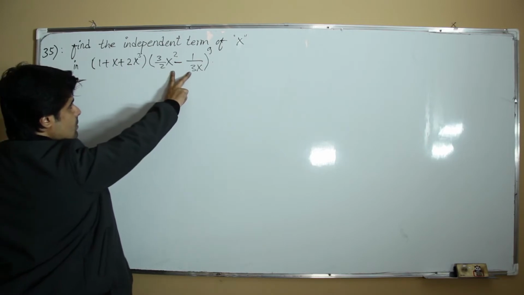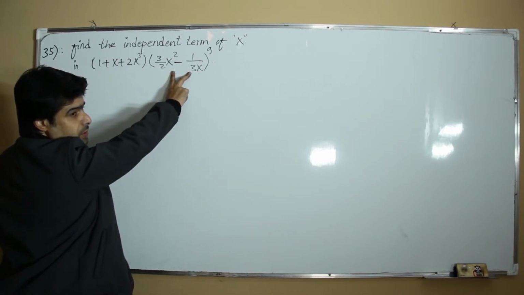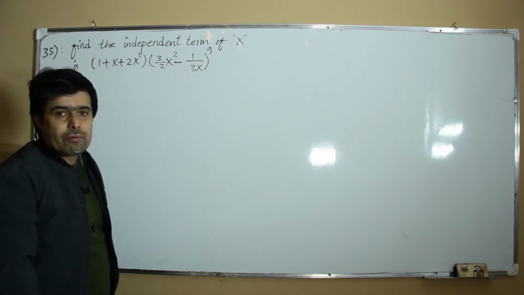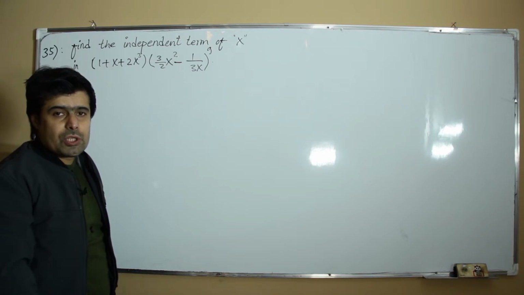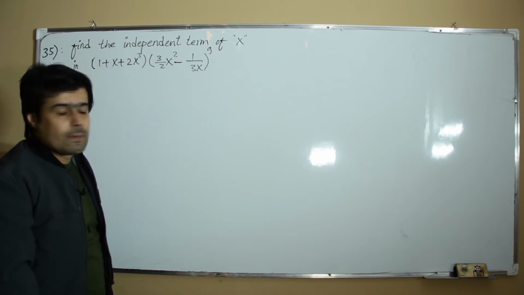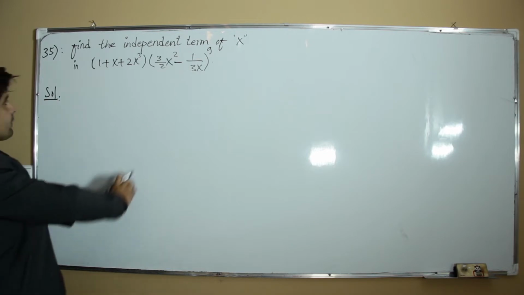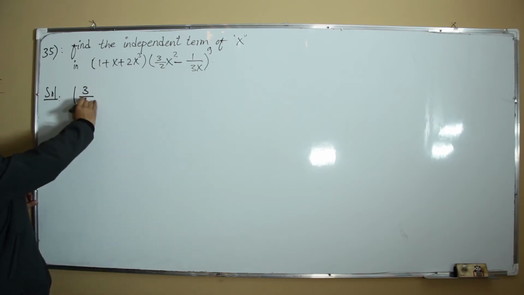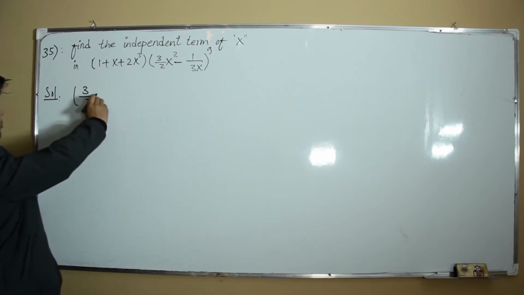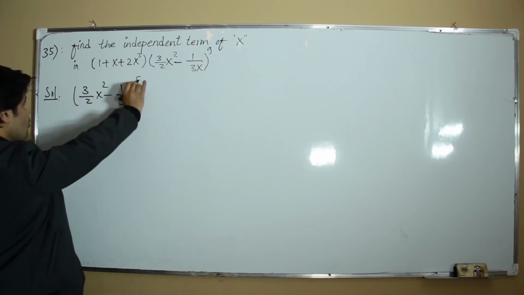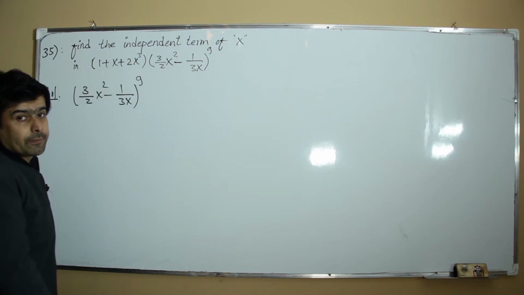But this one is a binomial expansion. We have to expand this one, then we know where we have a term which is free of x. It means the difficulty is in the second bracket, (3 by 2x squared minus 1 divided by 3x) whole raised to the power 9.